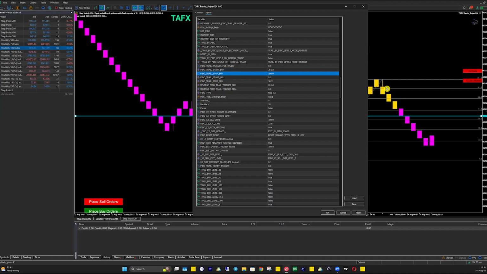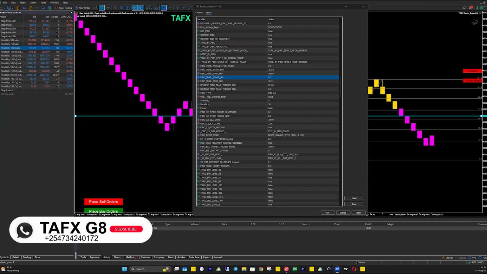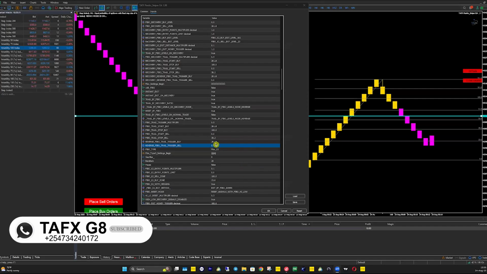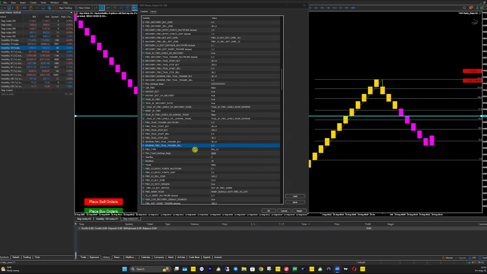Now, we have the sell because we want to set the setup here. We have Fimbo start for sale, all right? Fimbo trailing start for sale. We set, let's say, for example, because I want you to understand this setup correctly. Now, let's come to this level first.